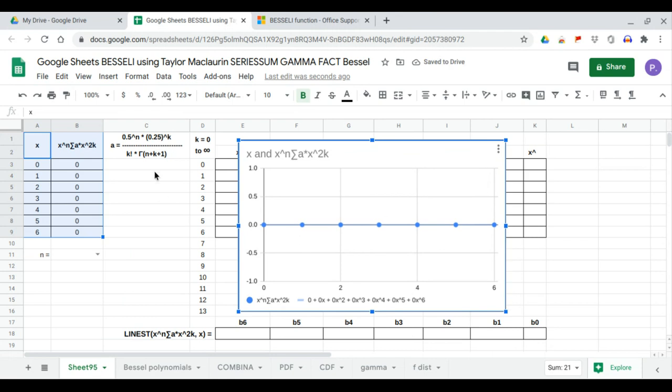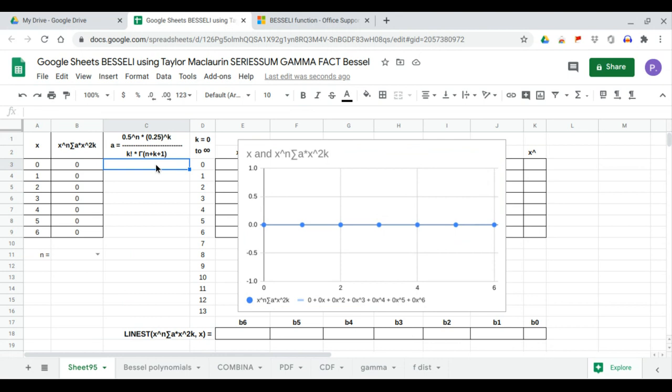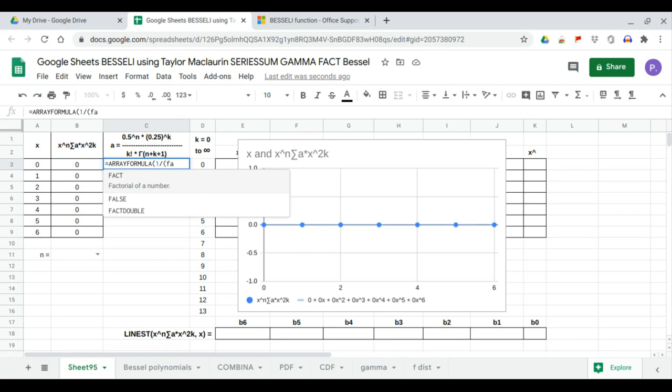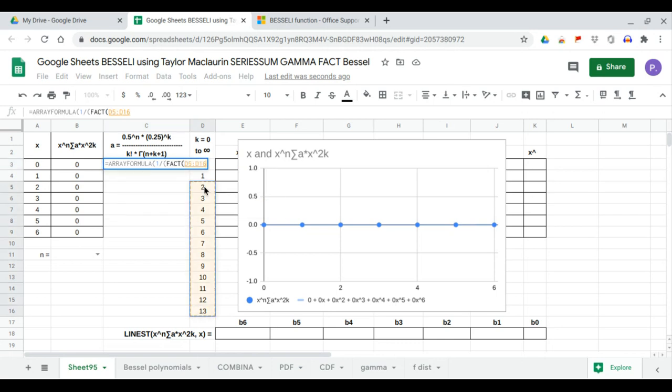So now we continue with the coefficient, which is equal to an array formula, starting with the denominator, that is factorial k times gamma of n plus k plus 1.